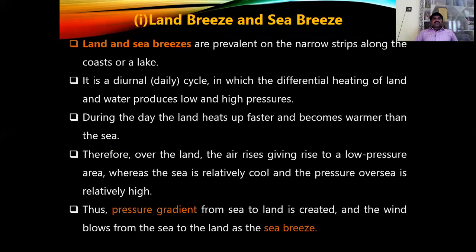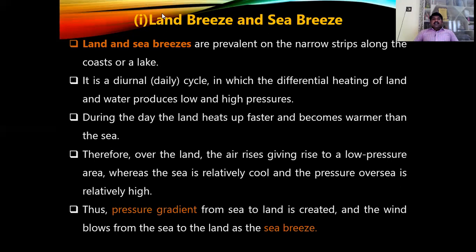Firstly, we will look into land and sea breezes. Land and sea breezes are prevalent on the narrow strips along the coast or a lake. It is a diurnal cycle in which the differential heating of land and water bodies produces low and high pressure systems. During the day, the land heats up faster and becomes warmer than the sea.